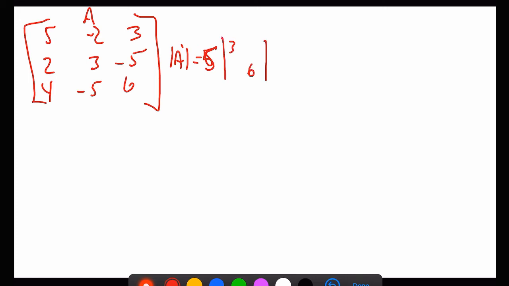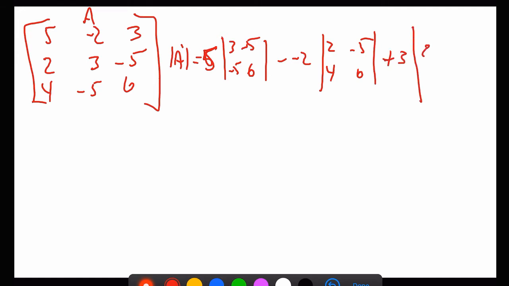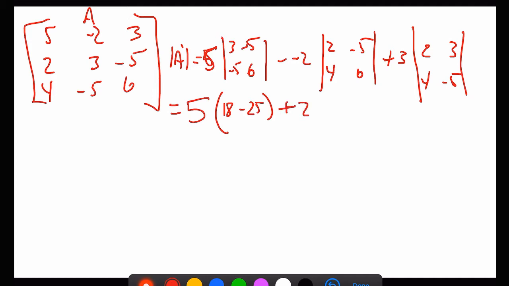Times 3, 6 minus 5 minus negative 2, 2, 4 minus 5, 6, plus 3, 2, 3, 4 minus 5. Equals 5 times, that's 18 minus 25, plus 2 times 12 minus a negative 20, plus 3 times minus 10 minus 12.